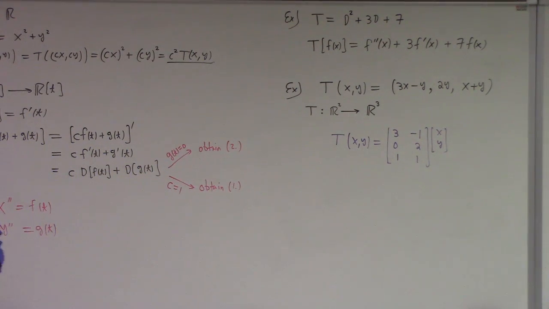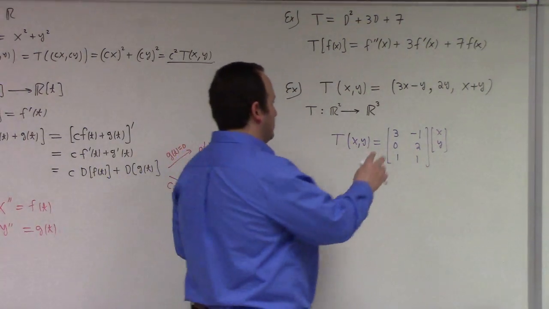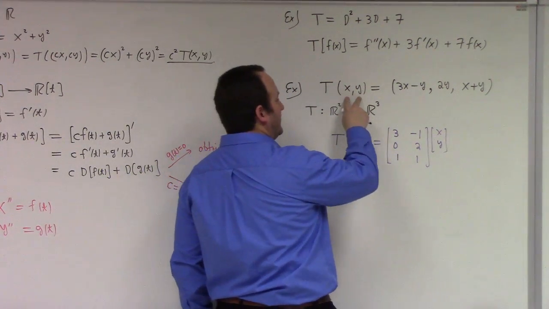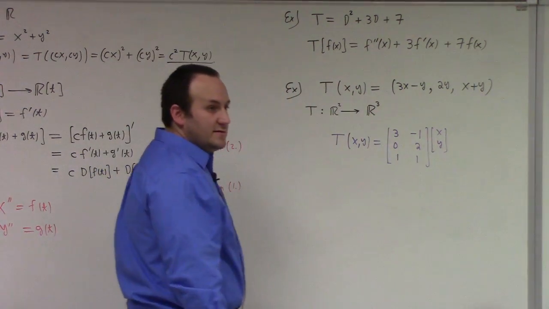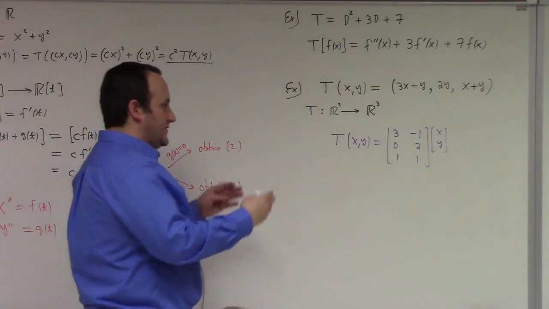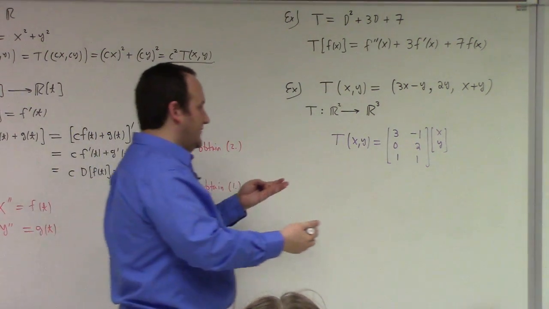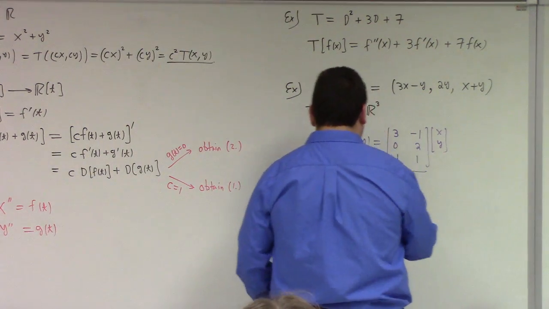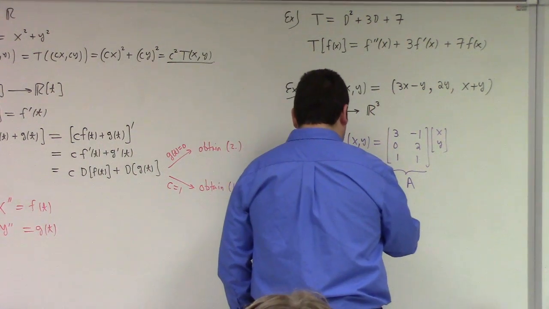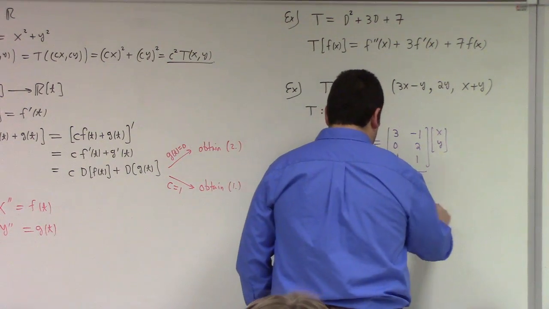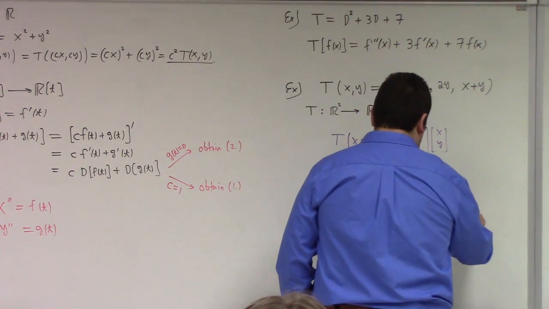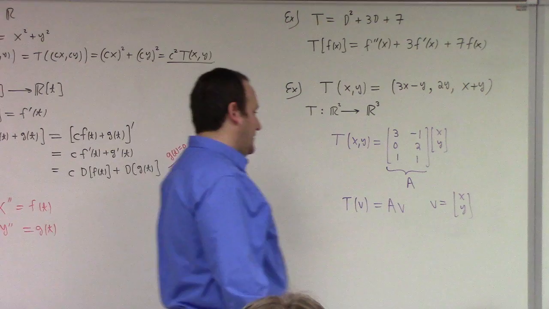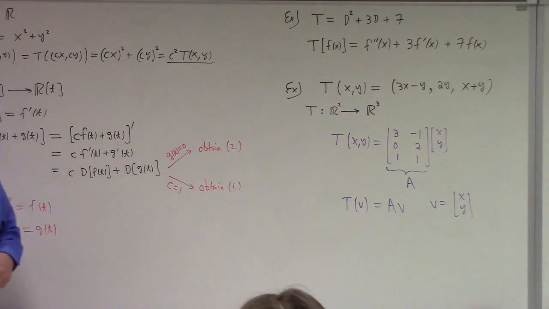I'm going to use matrix properties to do it, rather than just plugging in and slogging through x1, y1, and x2, y2. There's a better way to think about this, which is to write it as this formula and give it a name. Let's call it A. So what we really have is T of v is equal to A v, where v is the vector x, y, and then linearity of T is a walk in the park, right?